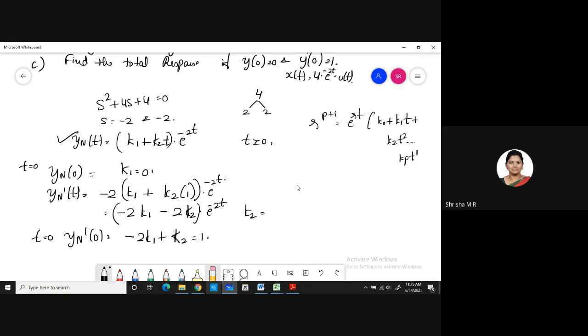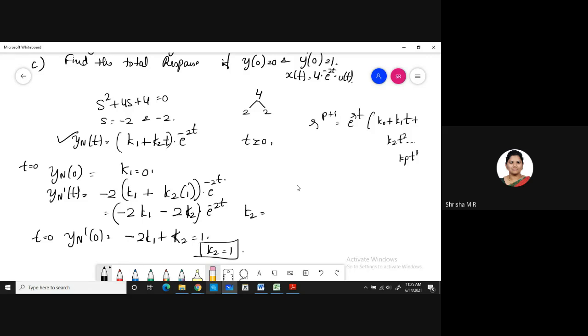So what is k2? What did you get for k2? k1 is 0, so k2 will be equal to 1.